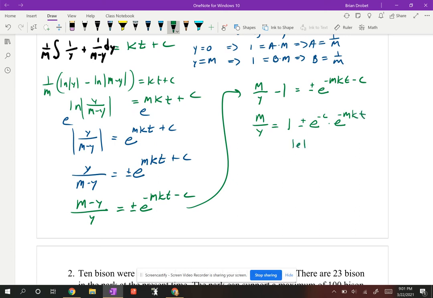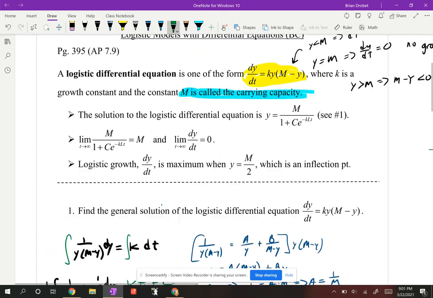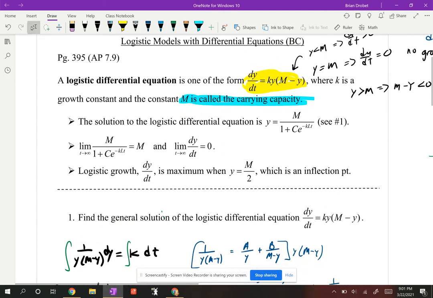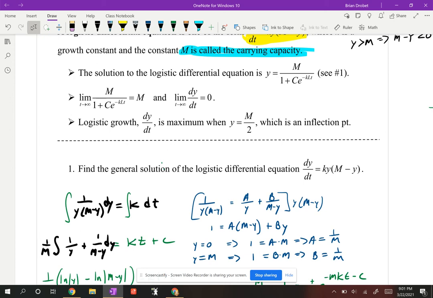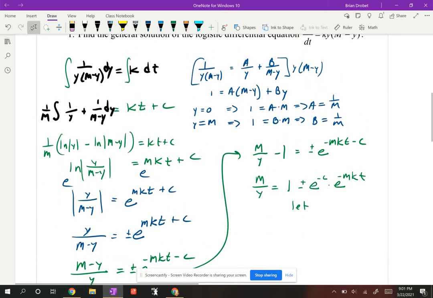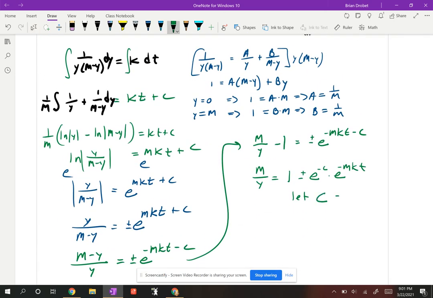And then I'm going to do a substitution. What variable did I end up using up here? I used just a big capital C, so I'll continue to use that. So I'm going to let capital C be equal to plus or minus e to the negative c.